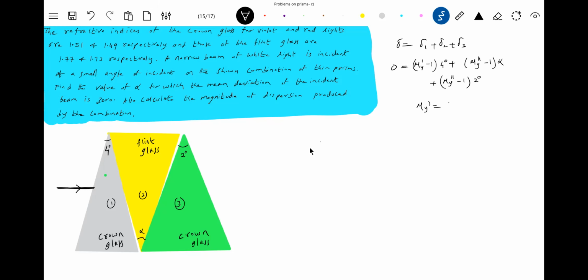Mu I dash will be equal to mu V dash plus mu R dash by 2. 1.51. So this should be equal to 1.5. Mu I double dash will be equal to mu V double dash. For flint, it will be 1.77.